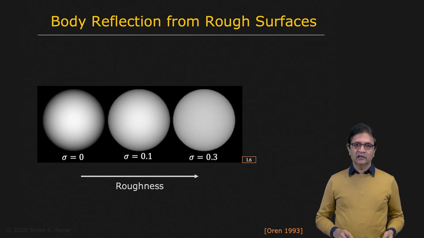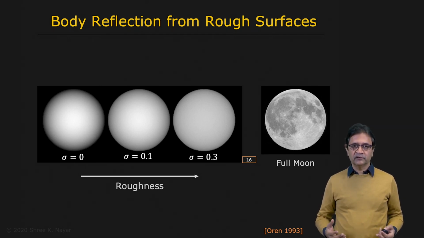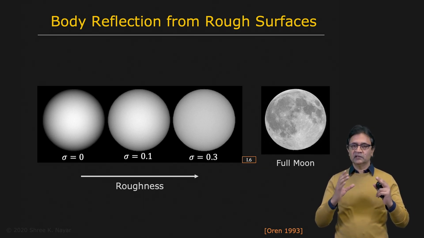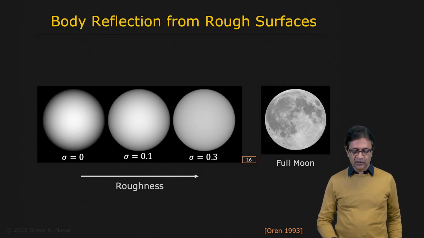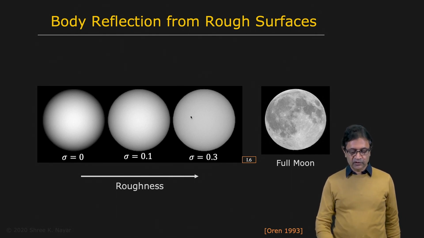And indeed, that is the phenomenon you observe in the case of the full moon. It's known that the surface of the moon is very rough, and you may have noticed that the full moon doesn't look like a shaded sphere, like a Lambertian sphere, but looks more like a flat disk. And that, it is hypothesized, is because of the roughness of the surface of the moon.